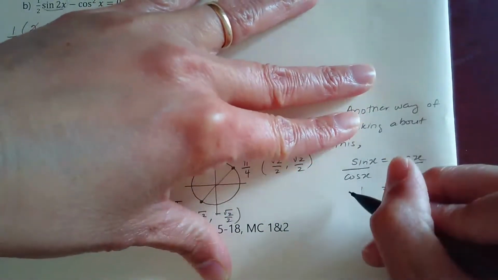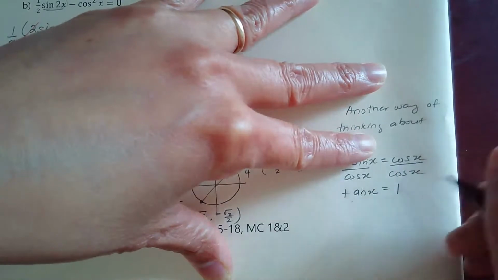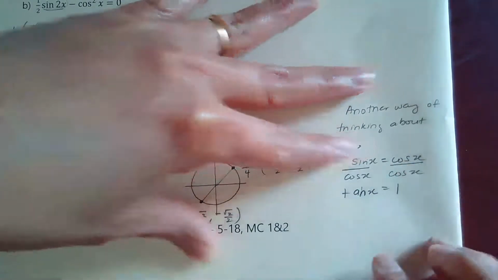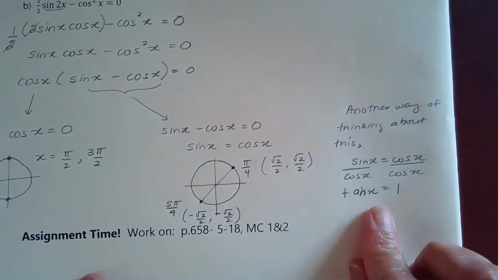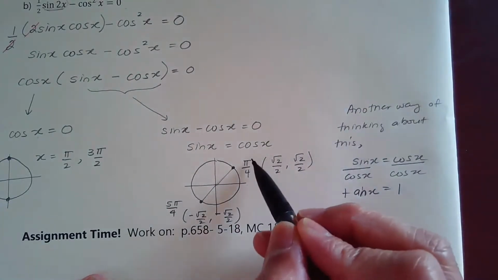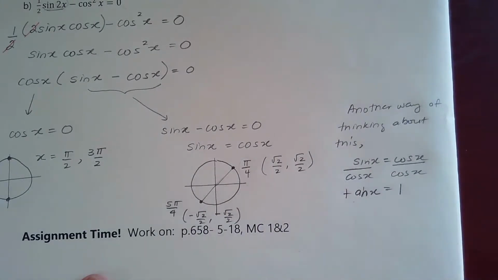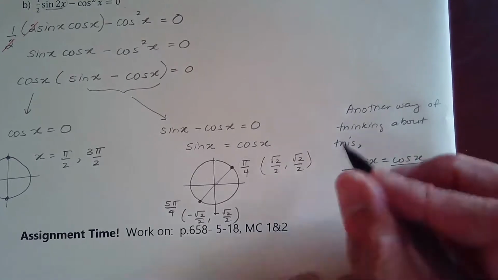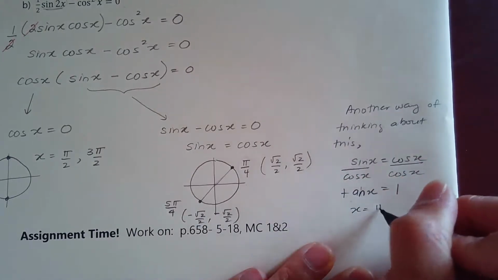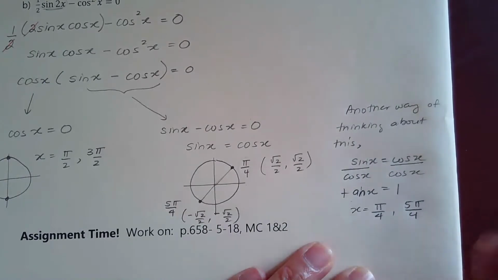Sine of x over cos of x is tangent of x, so tangent of x equals 1. Where is tangent of x equal to 1? Tangent of x is equal to 1 at pi by 4 and 5 pi by 4. So this is the other way of thinking about it.